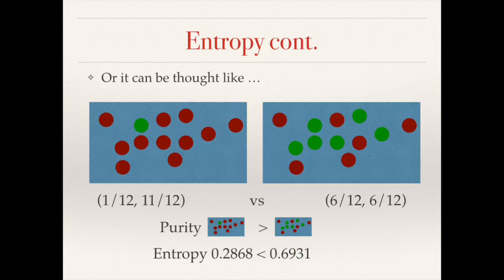It is natural to see that the first system, shown in the left-hand side figure, is purer in the color of the balls than the second system on the right-hand side. So if the purity of the system is inversely connected to the entropy, we can see that entropy mirrors the impurity of a system.